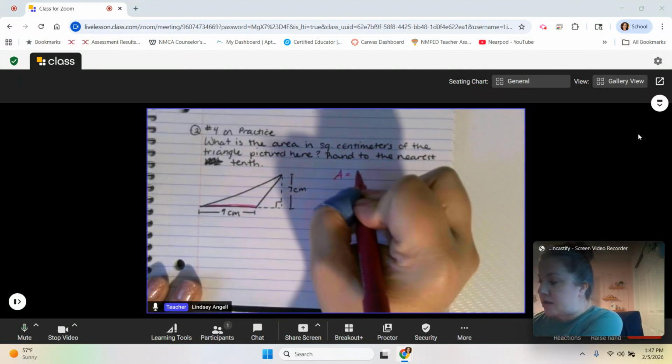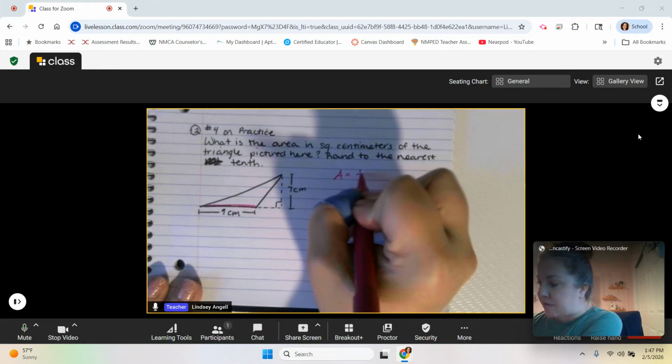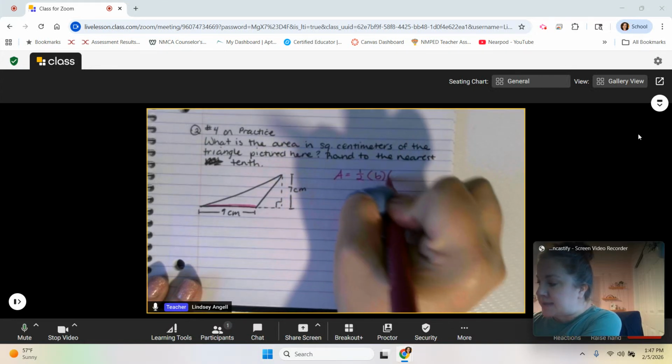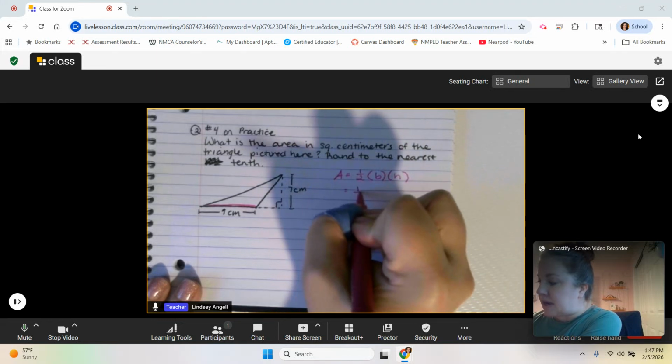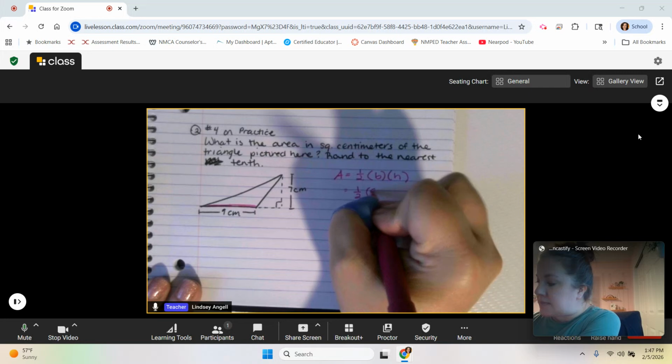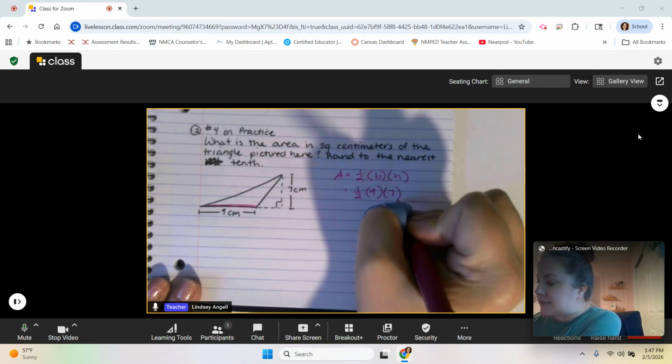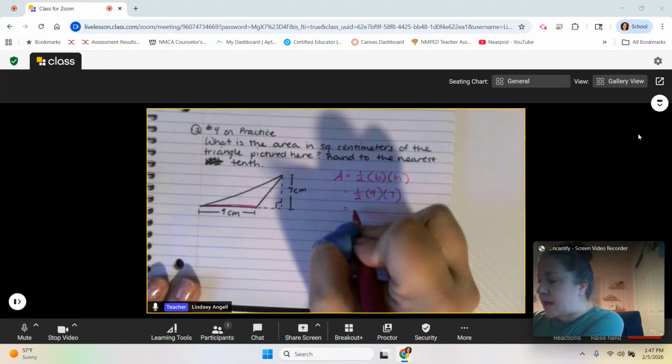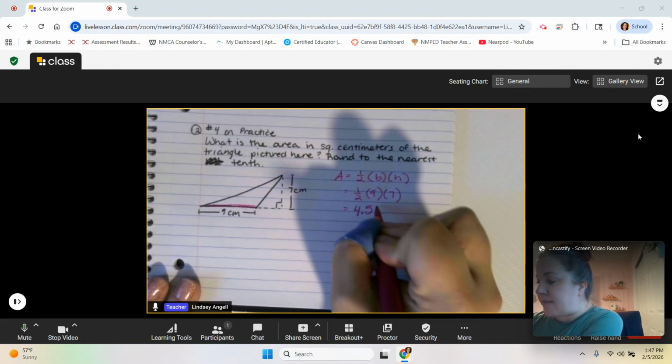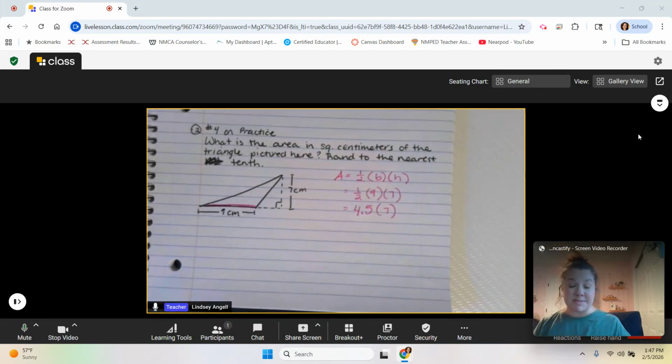But the area of a triangle is found by doing 1/2 times the base times the height. So in this case, we'd have 1/2 times 9 times 7. Half of 9 I know is 4.5, and then times 7, I don't know.